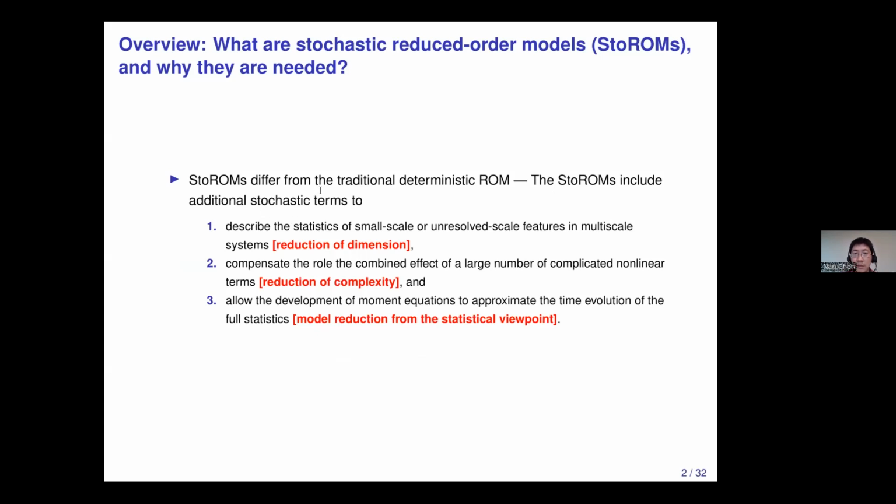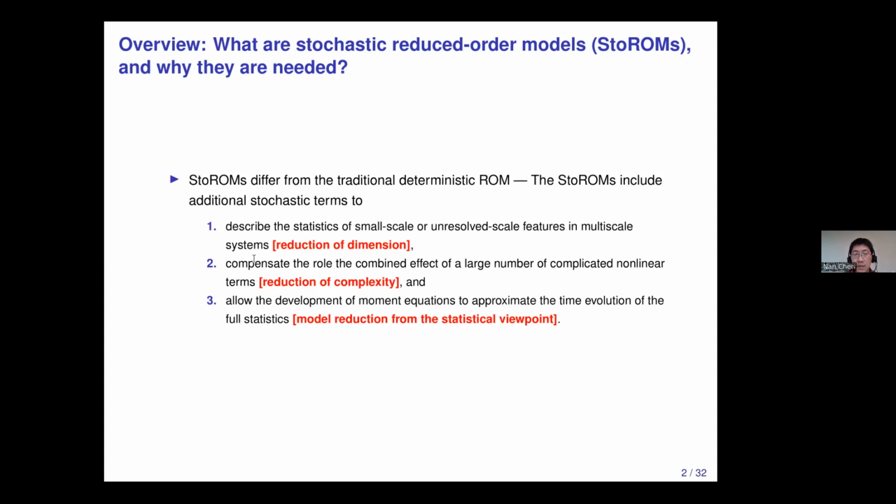And these terms are important for at least 3 purposes. The first one is that they describe the statistics of small scale or unresolved scale features when we consider multi-scale systems. So you can think we no longer need these small scale equations. So stochastic reduced models can help us reduce the dimension of the systems.